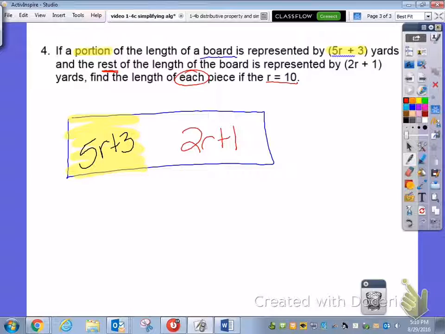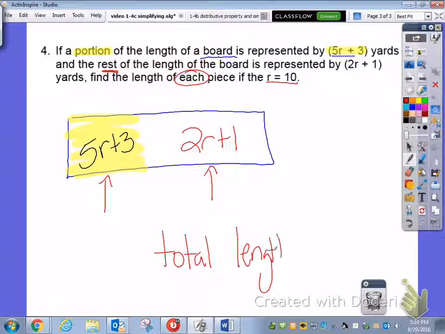So you should give me the length of this piece. You should be able to give me the length of this piece, and then I want you to find the total length. And that's what you're going to finish for me. So remember, given r equals 10, give me the length of this piece, give me the length of this piece, and then give me the total length. So I want to know what this one is, and this one is, and we will talk about that tomorrow.